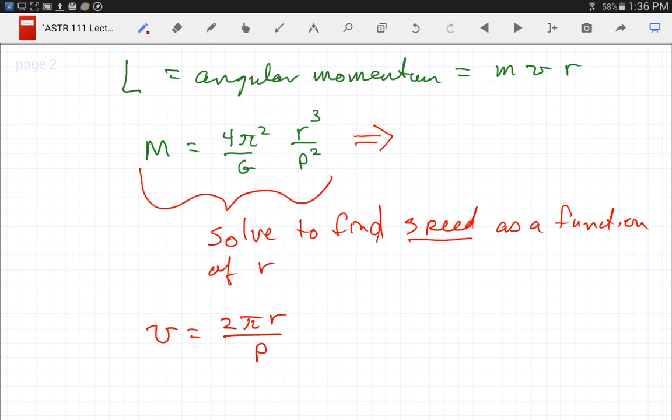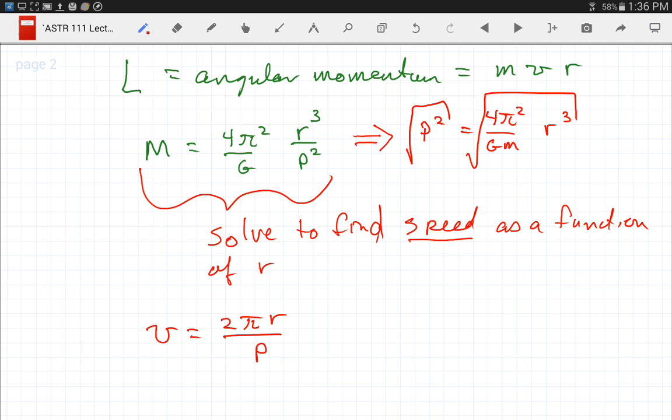So now I just have to do algebraic manipulation. That is, I'll multiply both sides by P squared and divide both sides by M to get P squared is equal to 4 pi squared over GM times r cubed. And then, of course, since that's P squared, I'll have to square root it.